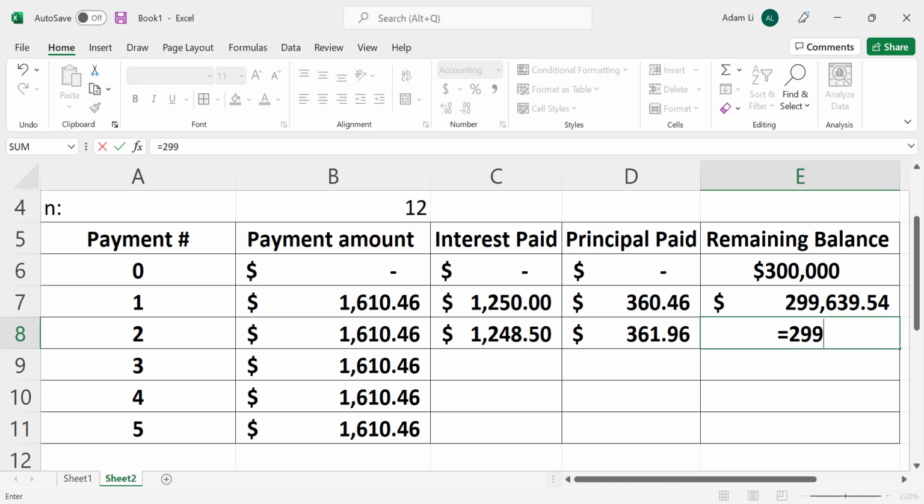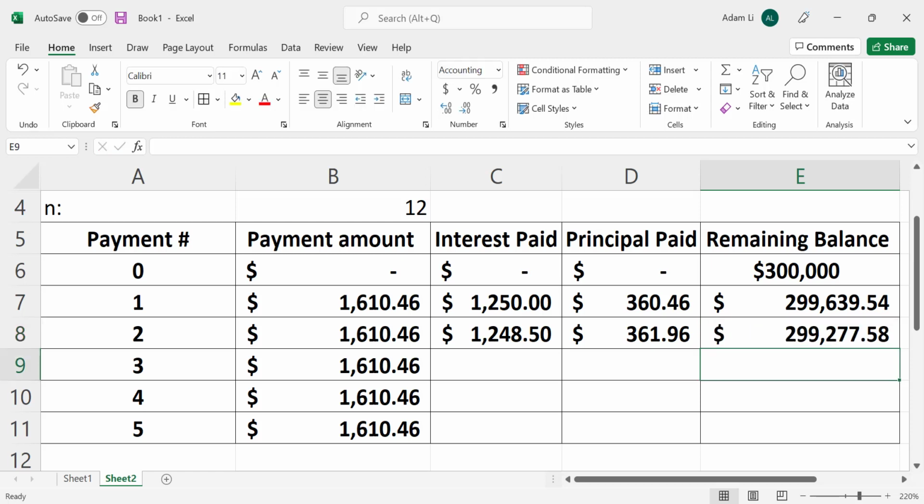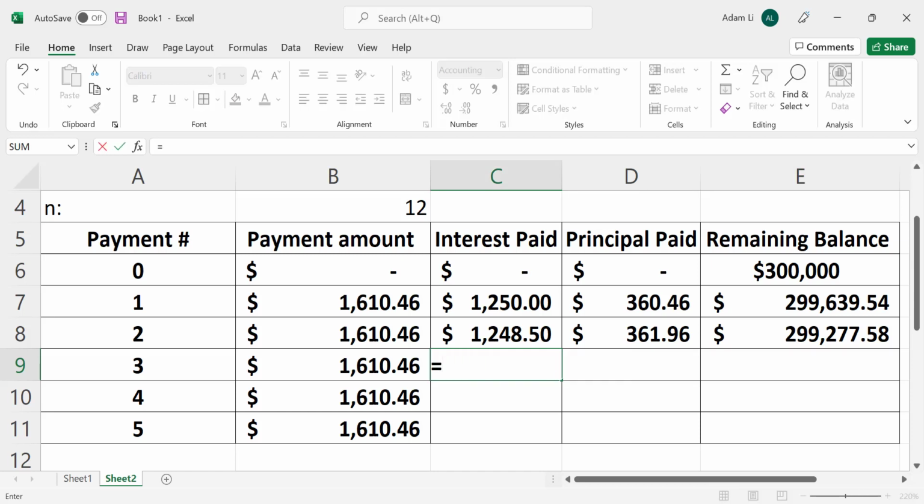So we go 299,639.54 minus $361.96. Okay, so we get that. So again, the remaining balance goes down as well. So now, since the remaining balance goes down, we are paying less interest. 299,277.58.